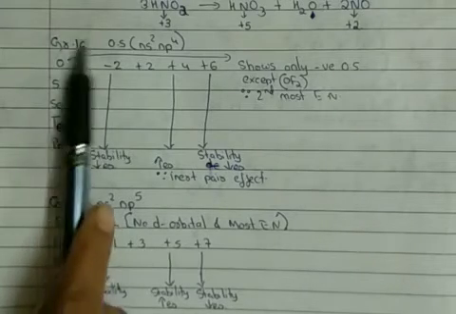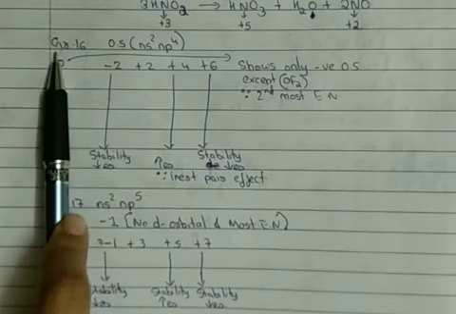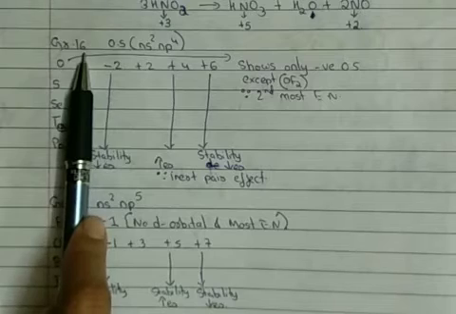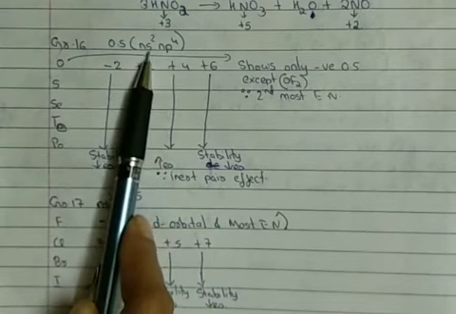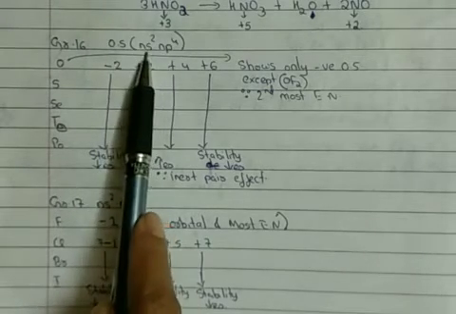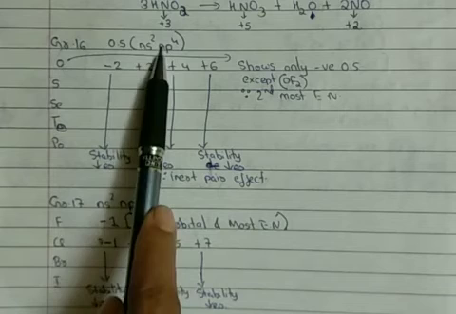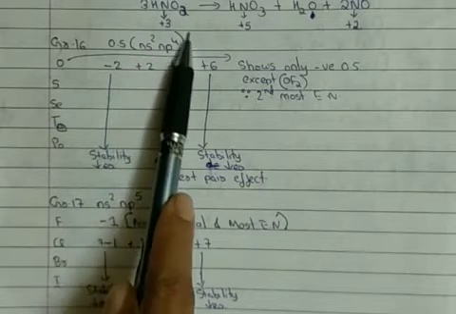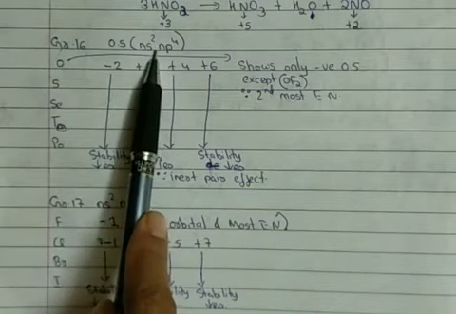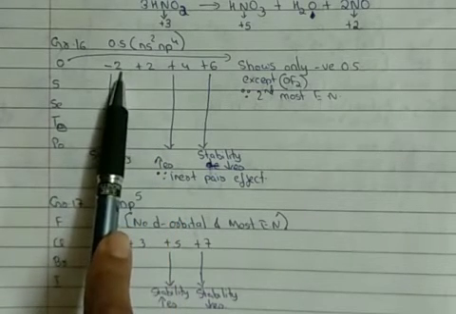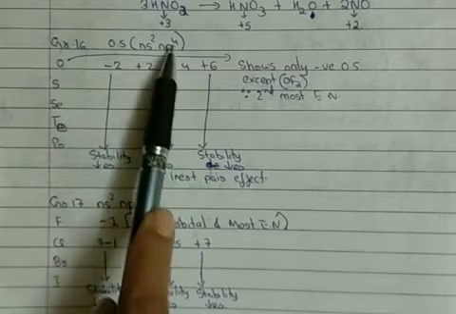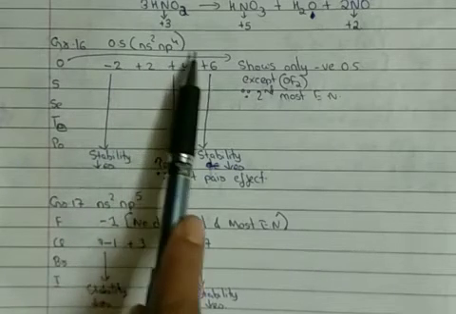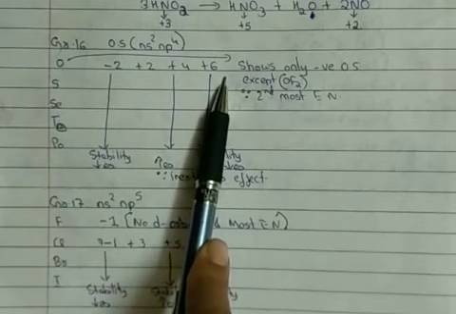Next comes the oxidation state of group 16 elements. Group 16 has an electronic configuration with 6 electrons, ns2 np4. It can accept 2 electrons, so it will show -2 oxidation state, or it can donate all the 6 electrons, meaning it can show +6 oxidation state.